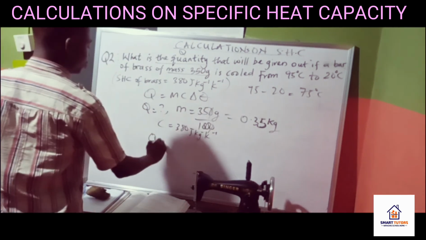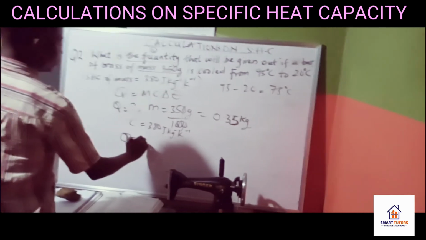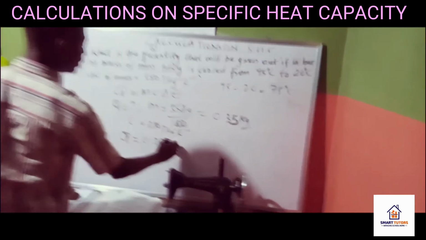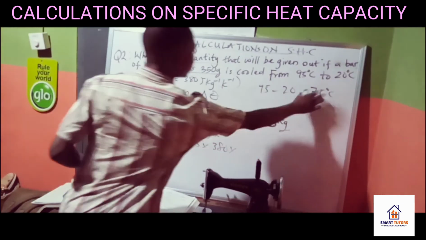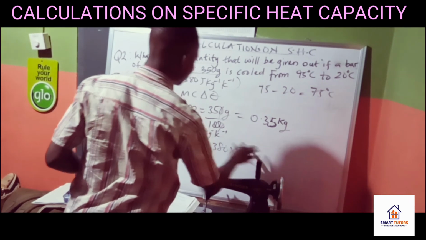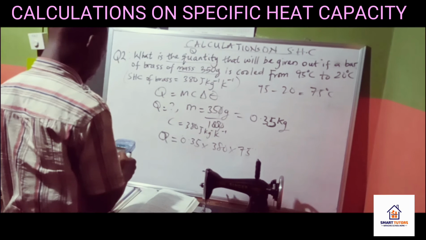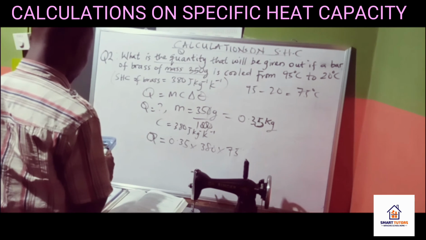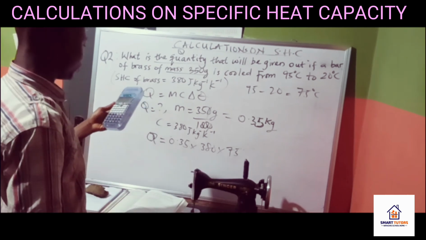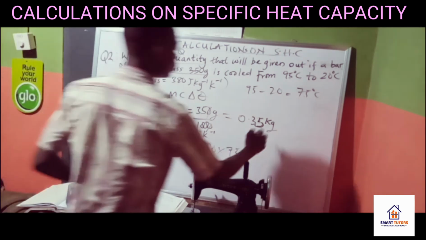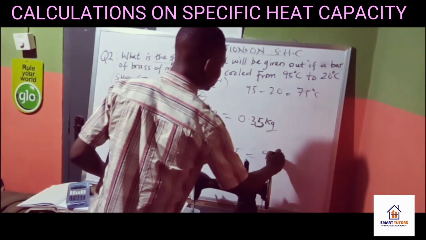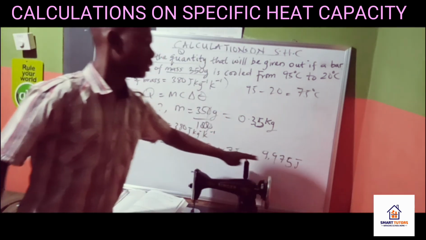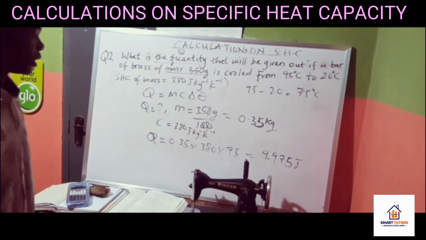So Q equals the mass, 0.35, times the specific heat capacity, 380, times the change in temperature, 75. Multiplying everything, 0.35 times 380 times 75 gives 9,975 joules.